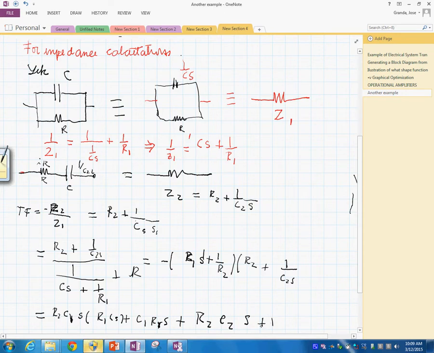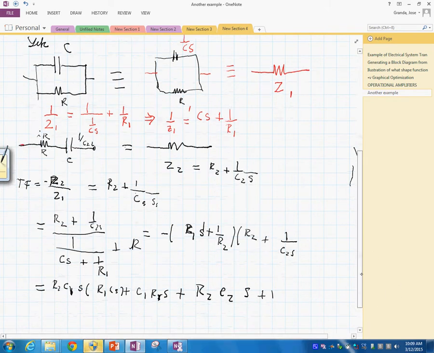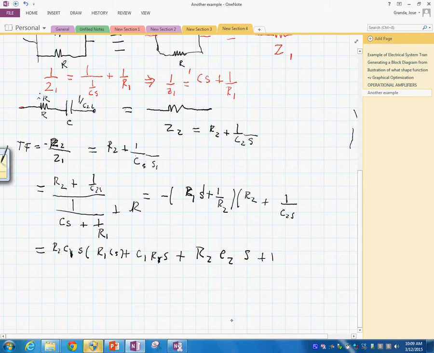So you could simplify this a lot, because you can always write it in terms of factors that are common.